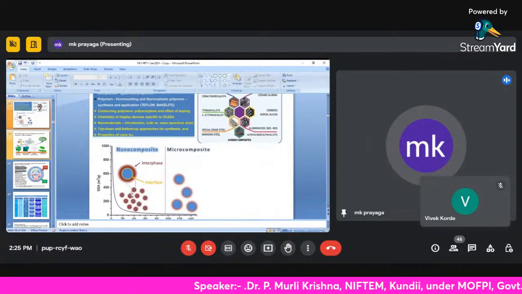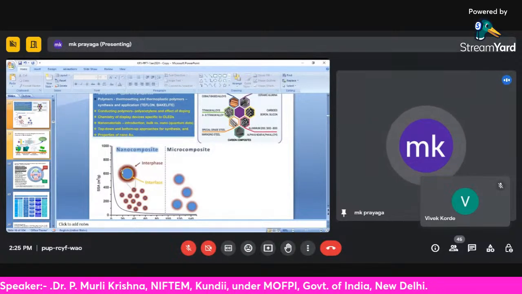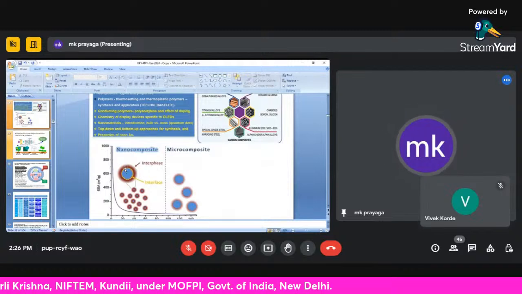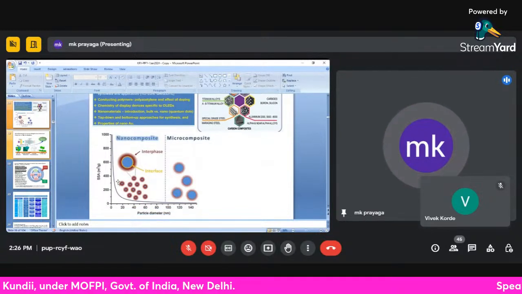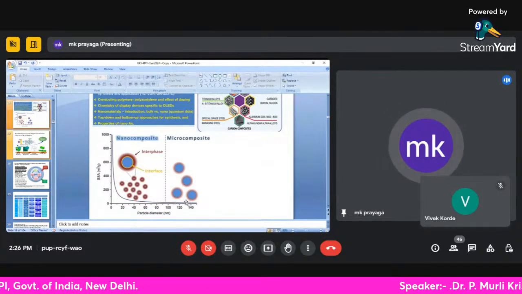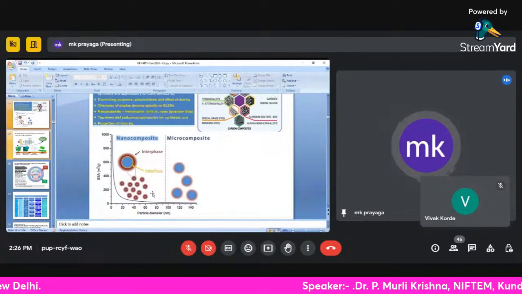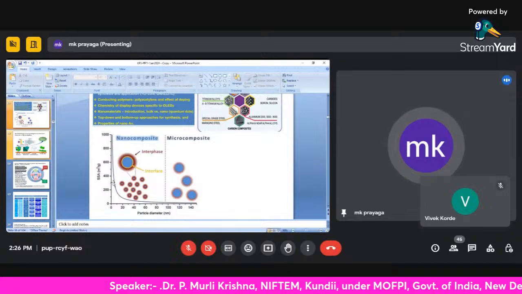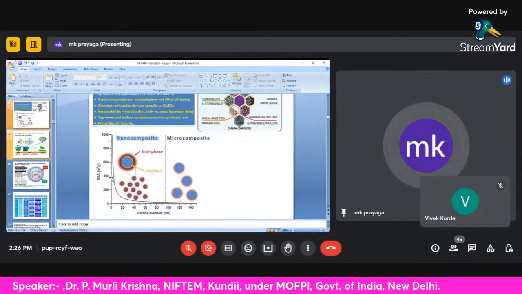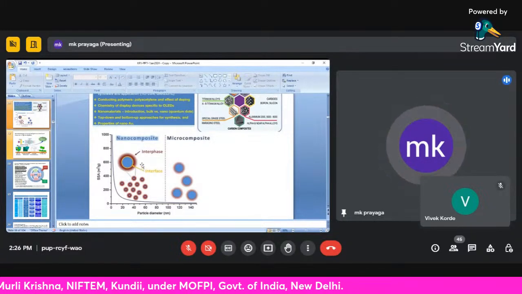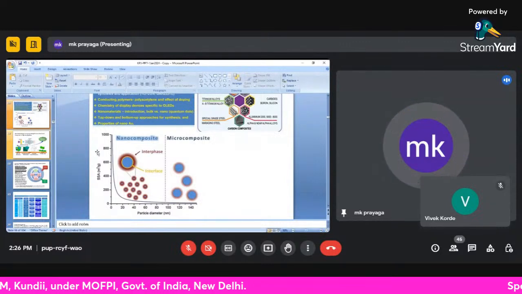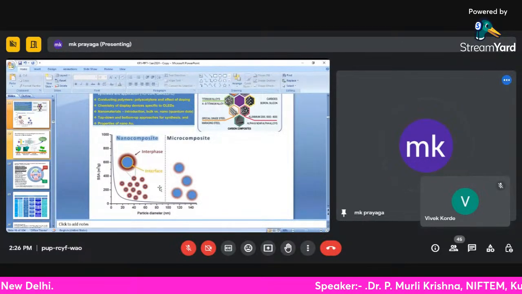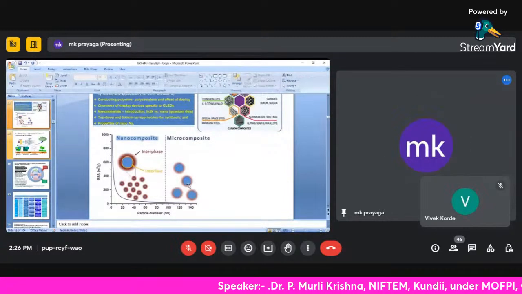But once you want to tune for high temperature or any pressure conditions, then you have to apply coatings to the surfaces. Once the coating is taking place, the particle size may change, and that influences the properties also. That's why you have to find out at what particle size, as well as specific surface area, will tune your material properties. That plays a major key role in the final properties.